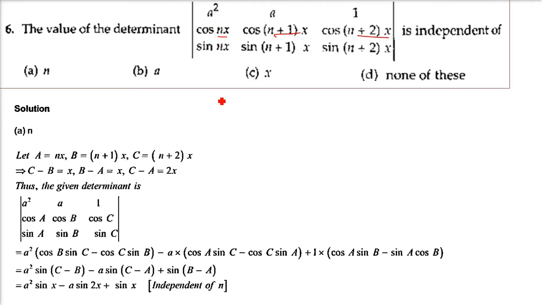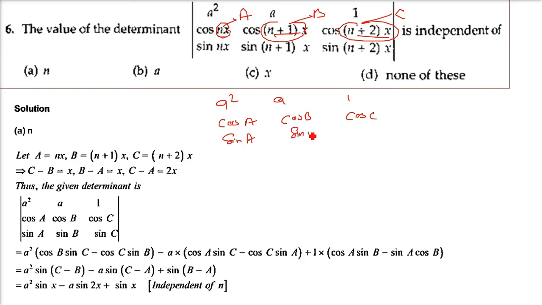Before that, assume nx to be A, (n plus 1)x to be B, (n plus 2)x to be C. So you have A square, A, 1; cos A, cos B, cos C; sin A, sin B and sin C. Right? So let us open it.